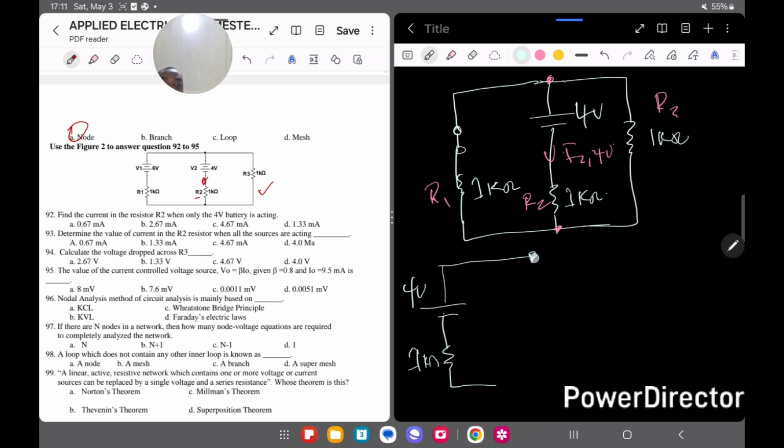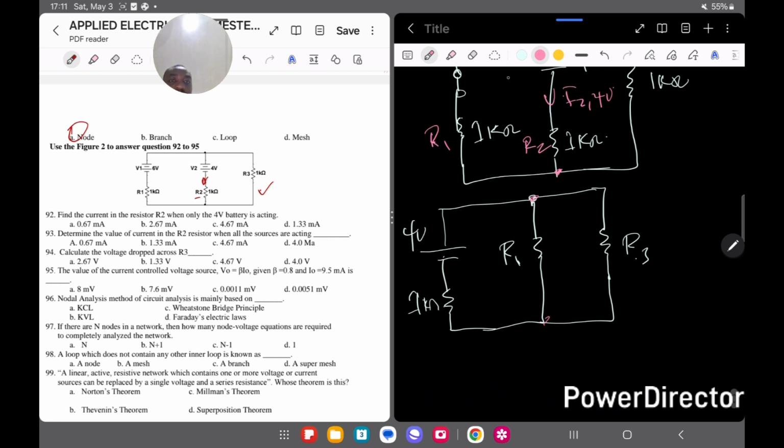So we have R1 here. Then I can bring my R3. So this is the same circuit diagram, but now you can see clearly that R1 and R3 are connected in parallel. The current that I'm interested in is the current passing through this.